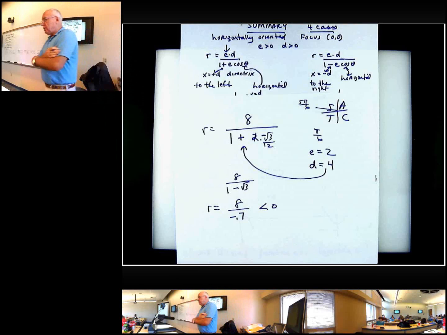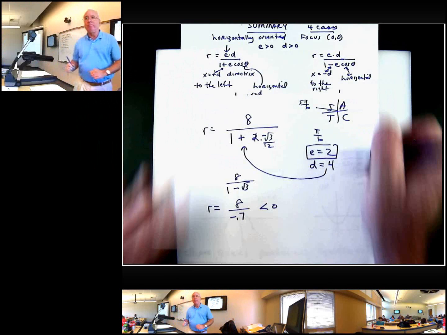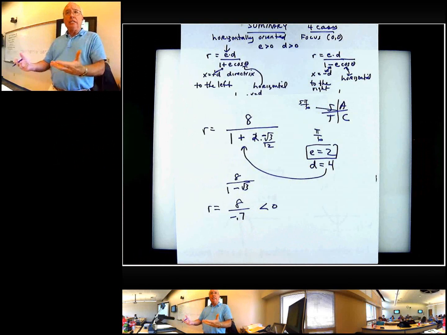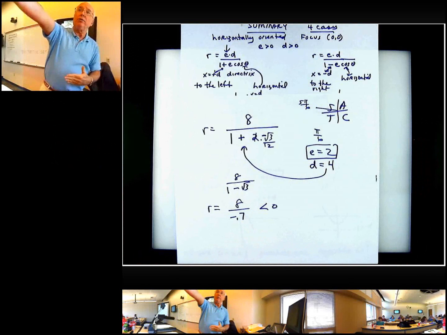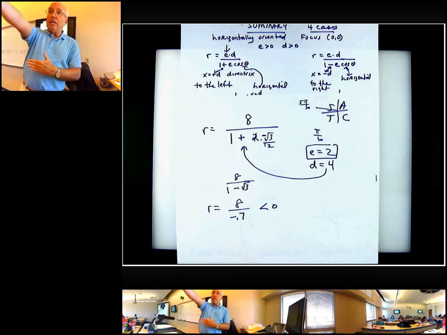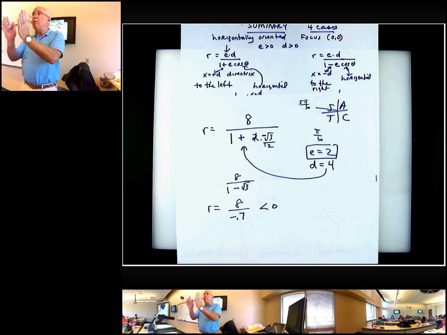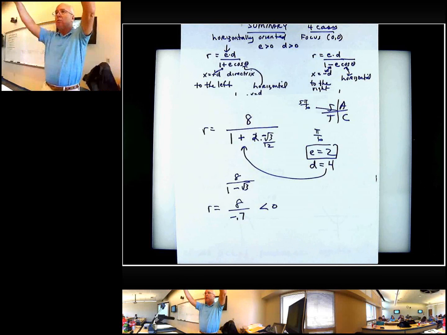What happens here is because the E is bigger than 1, we'll end up having R values that are negative. For some of the angles, we'll have R values that go to the other side. That's going to generate the other section of the hyperbola. These negative R values that we're able to obtain with certain angles. Otherwise, with the ellipse and the parabola, they all get generated on the same side. The parabola is all on one side.